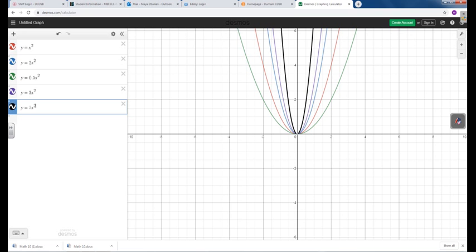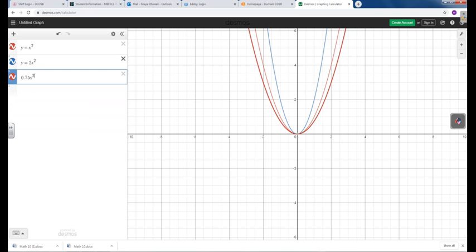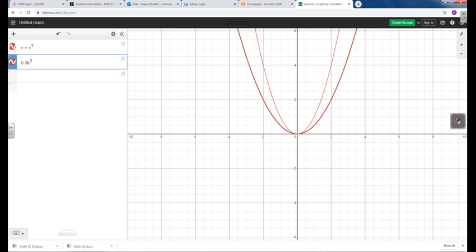0.75. Okay, so 0.75 x squared, right? Okay, this is 0.5, 0.75.